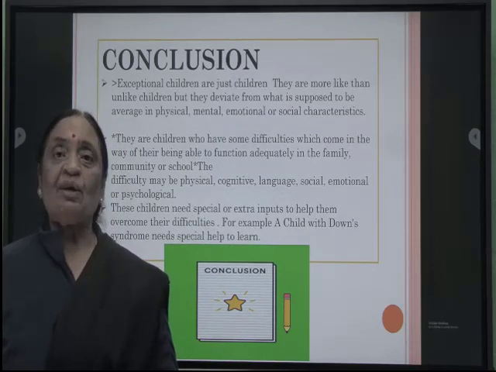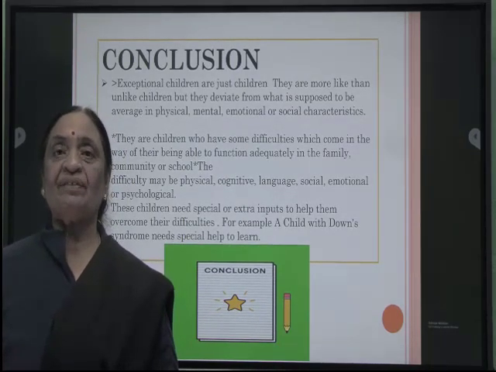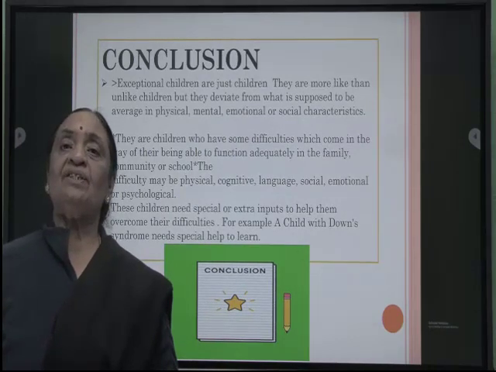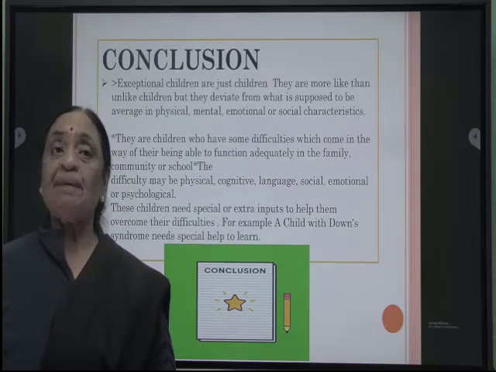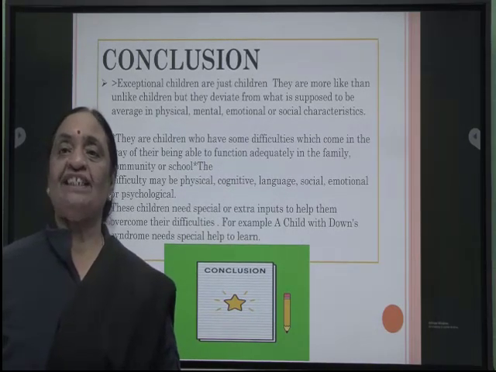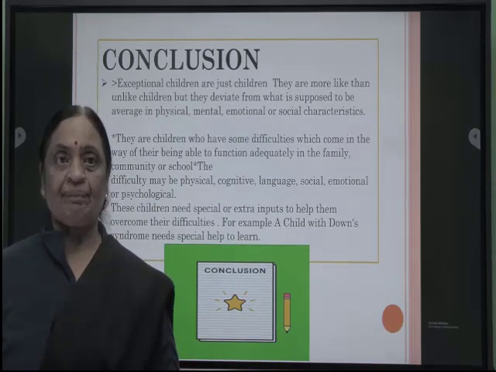And you all know about learning disabilities, one of them commonly referred to as dyslexia, where the child has a problem in reading, writing, speaking, spelling, and also very often the child happens to write letters that are inverted.